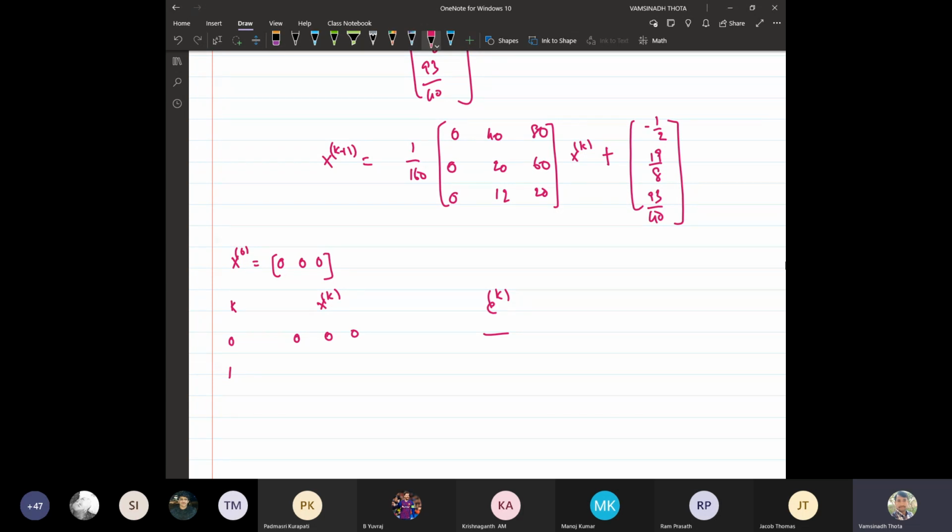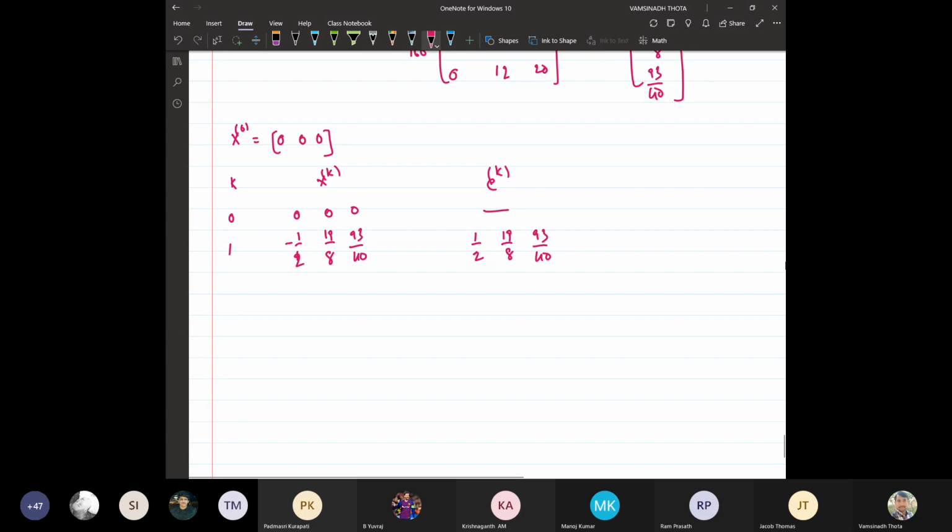So this is completely 0, so you will get minus 1 by 2, 19 by 8, and then 93 by 40. And what about the error? Error is the absolute difference between the corresponding approximate solutions. So here you will get 1 by 2, 19 by 8, and 93 by 40 itself. And for k equal to 2, perform at least three. Give me at least 3 approximate solutions.